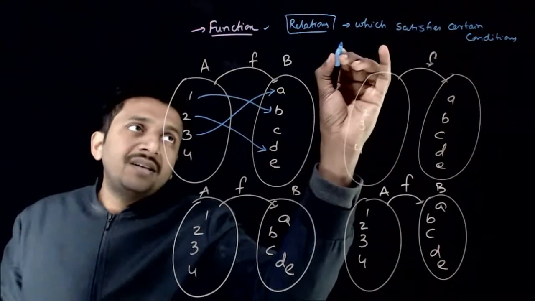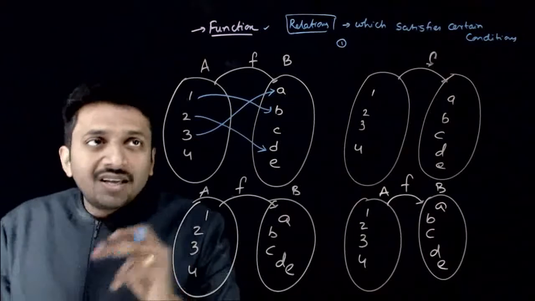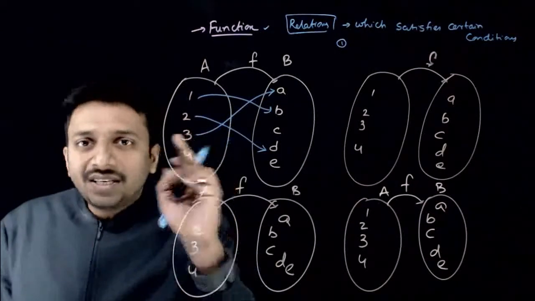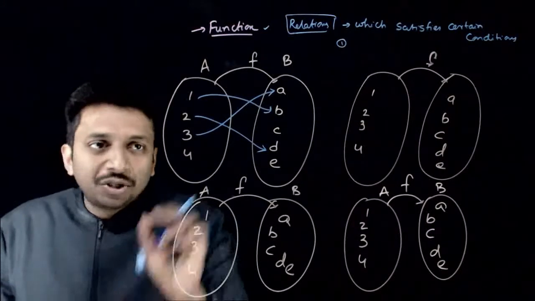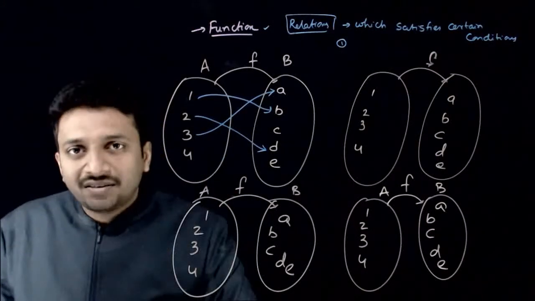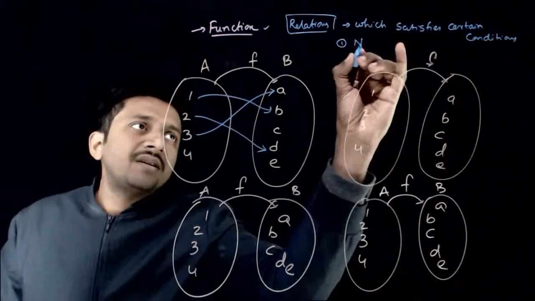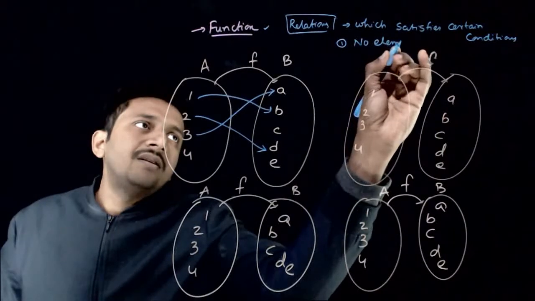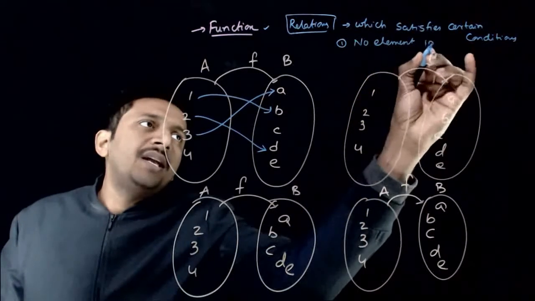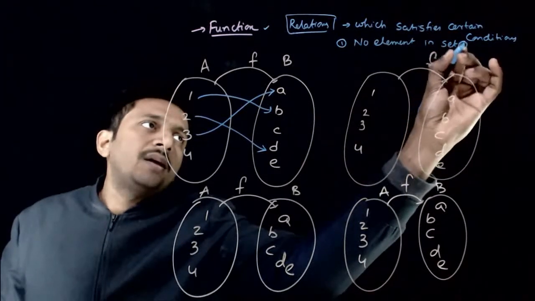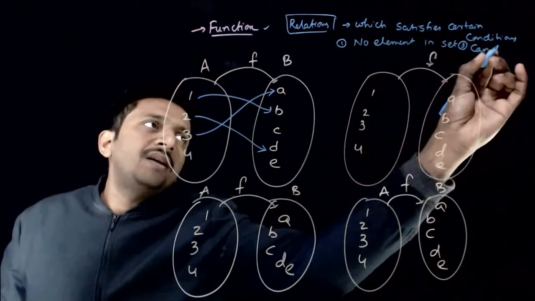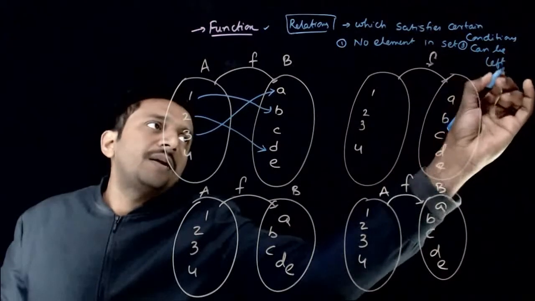The first condition is every element in the first set has to be connected with elements in the second set. That is, you should not leave any elements in the first set. So no element in the first set can be left out.